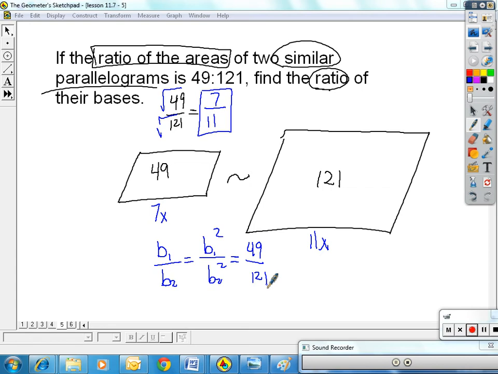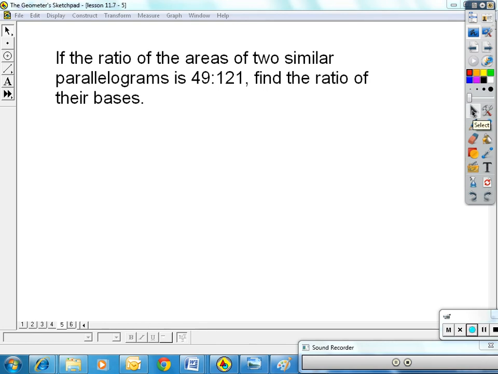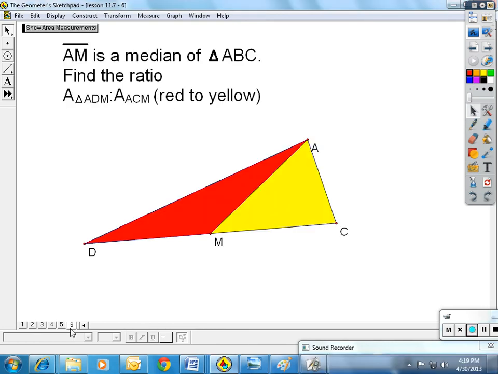So how do I figure out what base 1 is? I square root 49 and I square root 121. Not easy. It takes a little practice, but we'll get it.